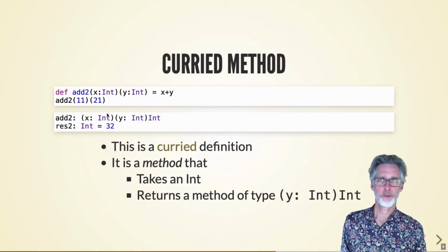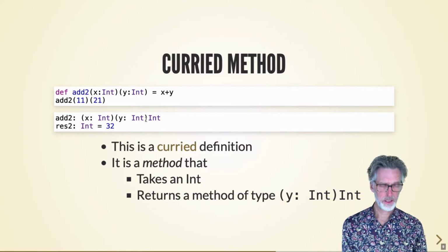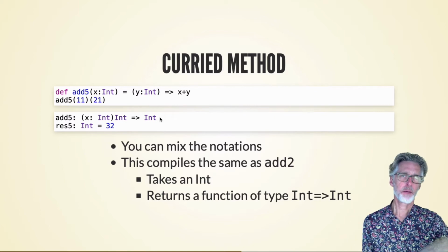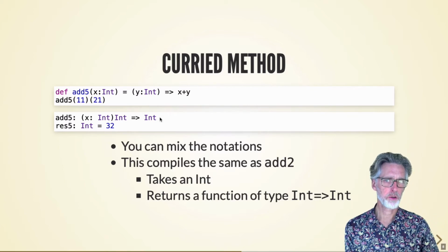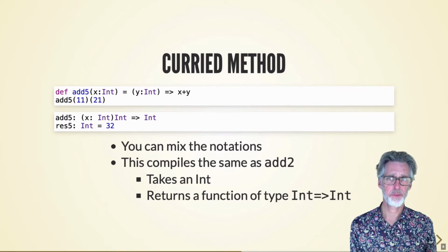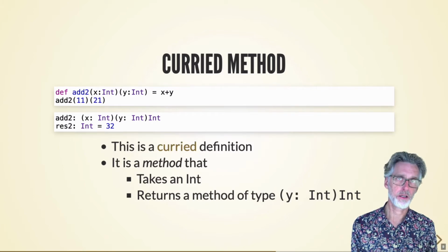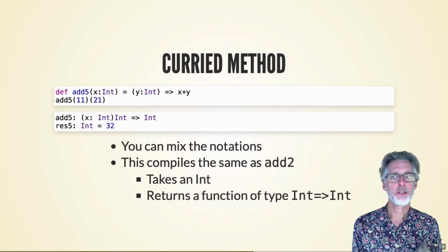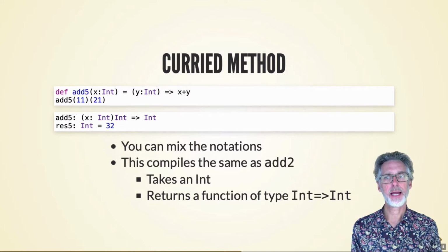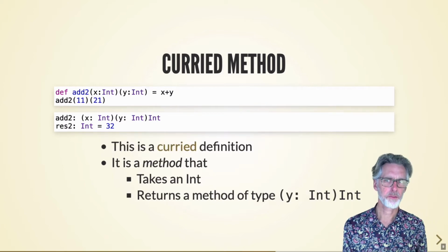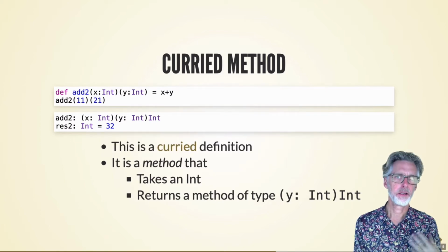So this is the type we had for add2, and this is the type for add5. It's interesting to note that these compile to the same thing. The binary code that is produced by add5 and add2 is identical in the current Scala compiler. The difference here is how these things are handled in the language. They do have slightly different rules in terms of how you can apply these things.